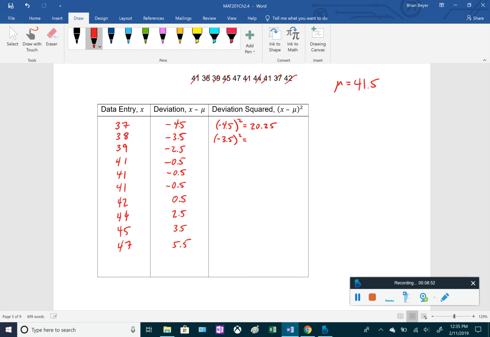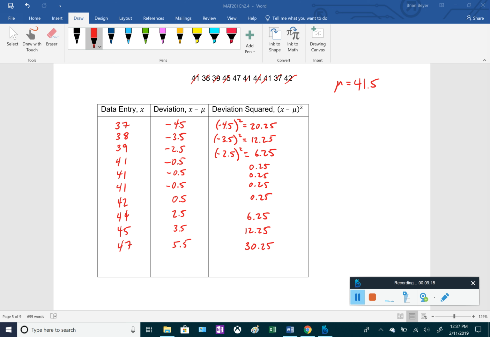Type that in the calculator, negative 3.5 times negative 3.5, or use the squared button. We get 12.25. Negative 2.5 squared, we plug that in and we get 6.25. I'll just list down the other ones real quick. And this is what we get for all of our squared deviations.